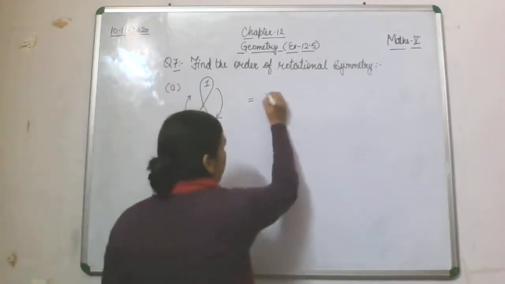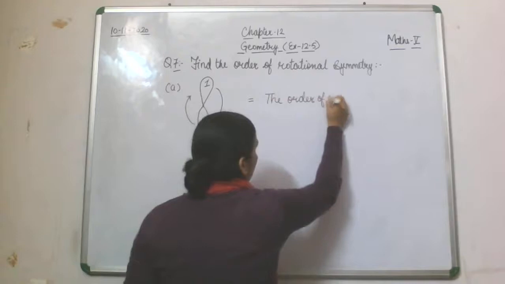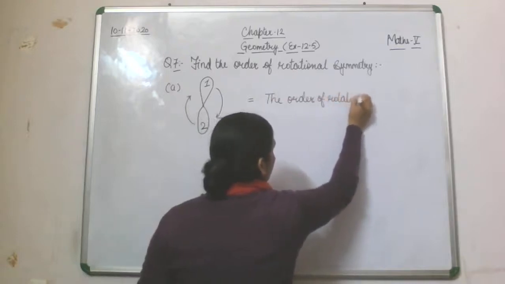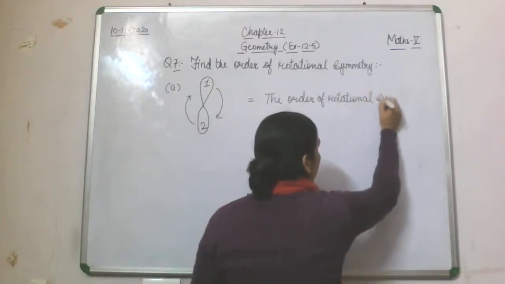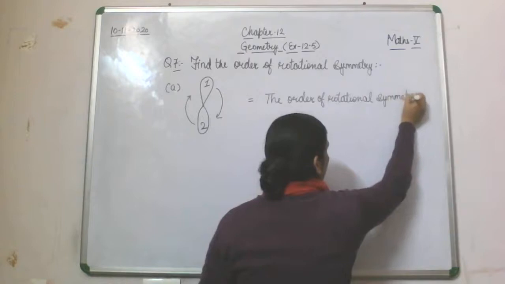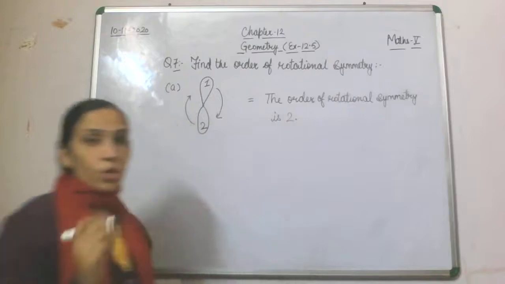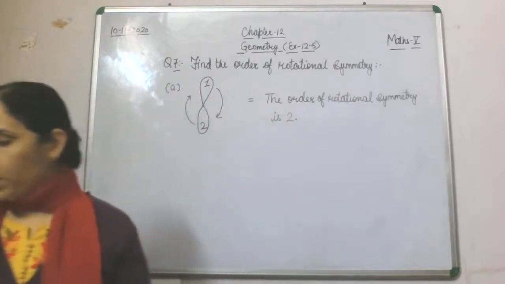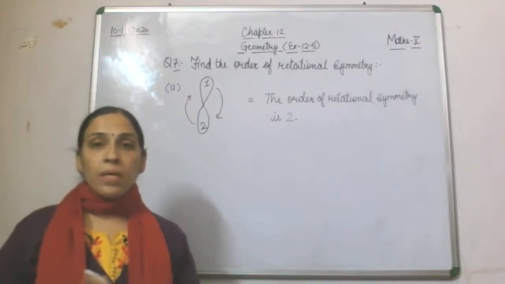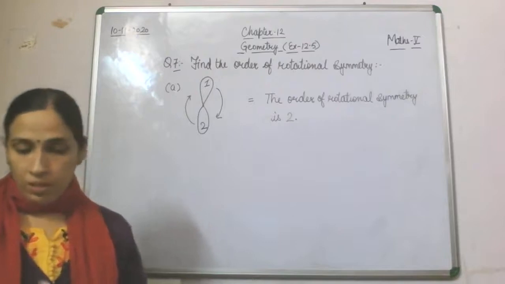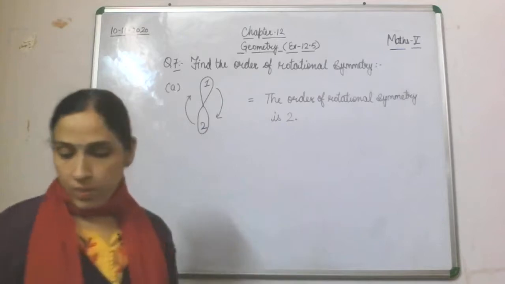So you will write the order of rotational symmetry is 2. So what do you understand by this? That is how many times you are going to rotate the original figure so that you get the same figure. So that will be your rotational symmetry.